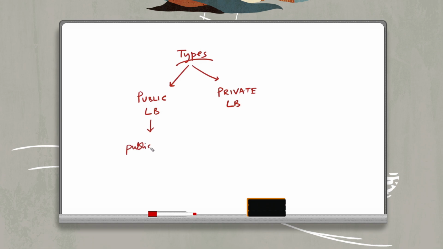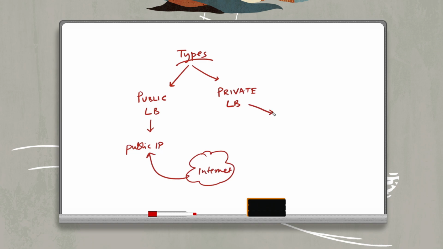So now let's discuss the types of load balancers. And we have separate lessons coming up on these types. But just to quickly explain, there are 2 types of load balancers. The first one is public load balancer, and then we have private load balancers. As the name suggests, a public load balancer is going to have a public IP, and it will be reachable from the internet.